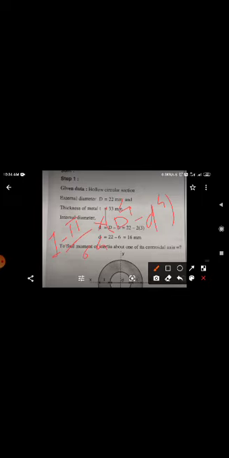We have all the data. The value of pi is 22 by 7 or 3.14; you can take either one. Now we just have to put in the values.